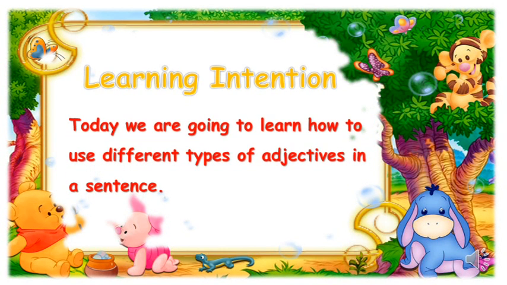So now I am going to share with you the learning intention and success criteria of today's lesson. Learning intention: today we are going to learn how to use different types of adjectives in a sentence.